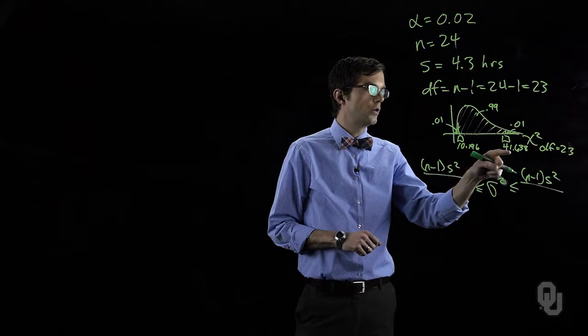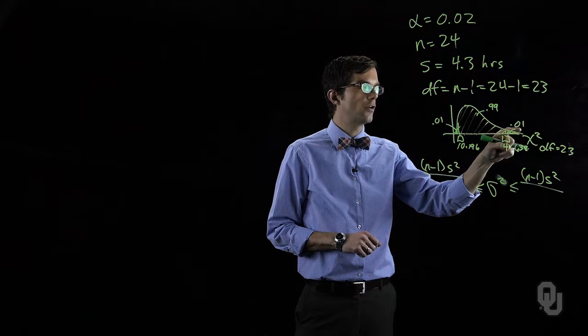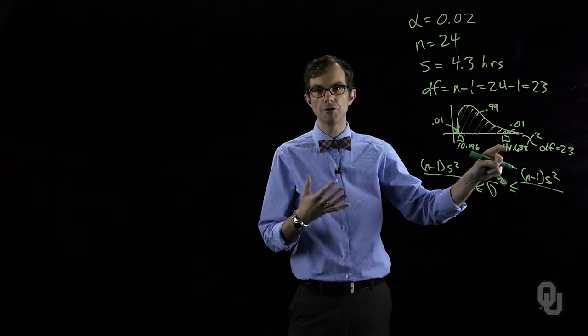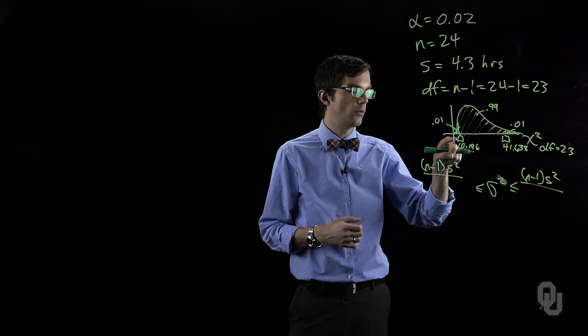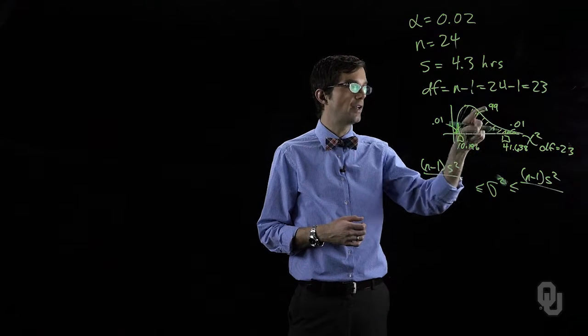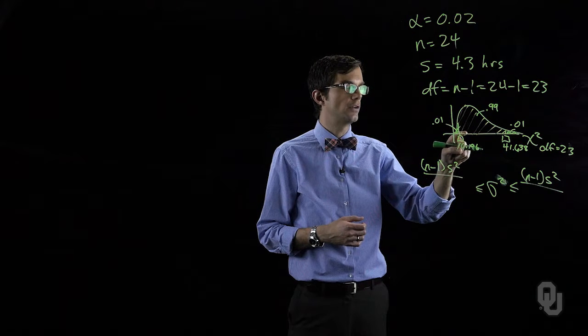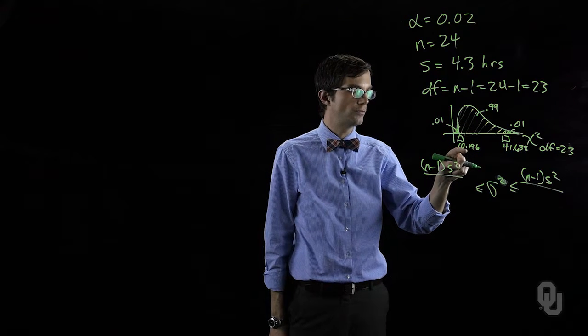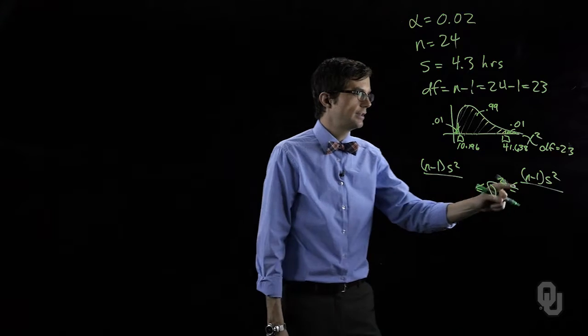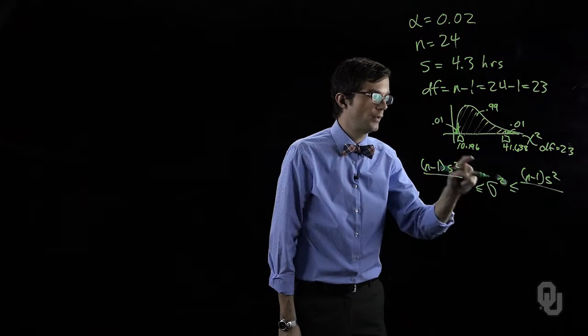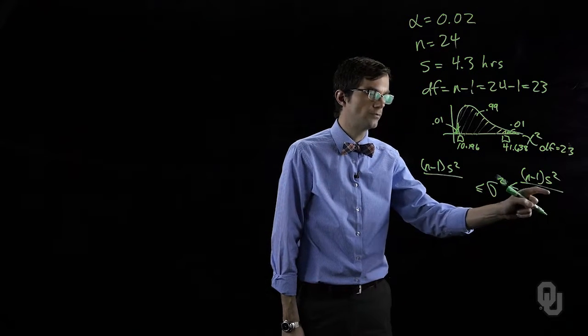The one associated with alpha over 2 in the upper tail is a larger value. The one associated with 0.99, 1 minus alpha over 2 in the upper tail, is a smaller value. So naturally, to get the larger upper bound, we need to divide by the smaller value.